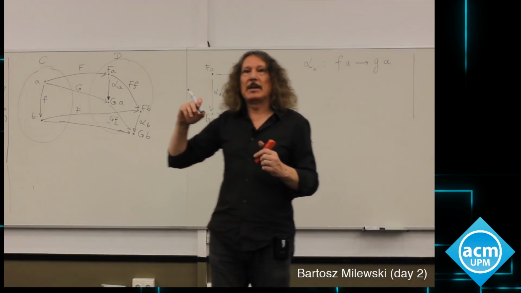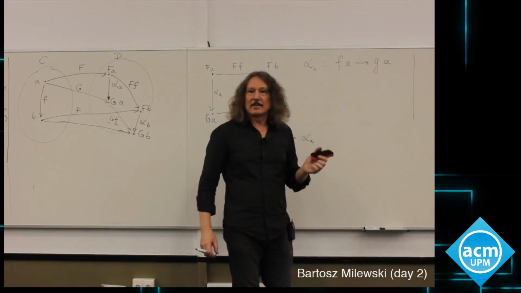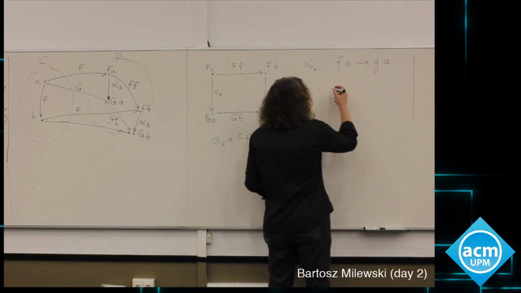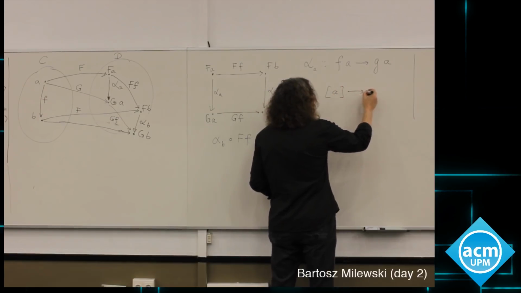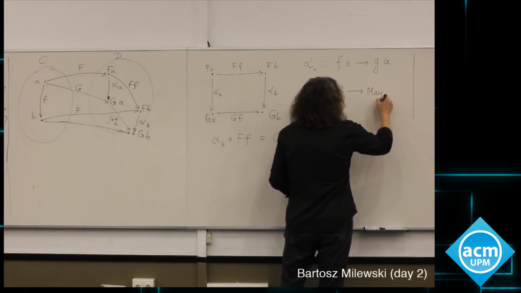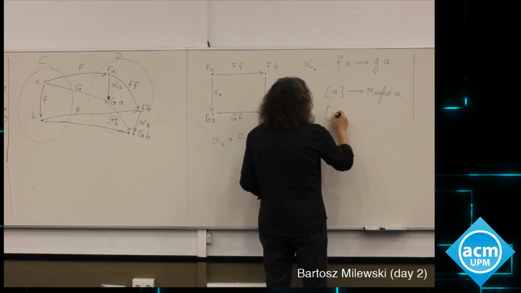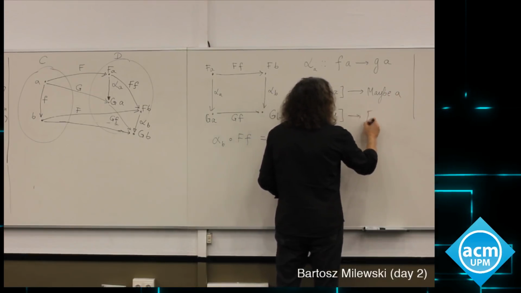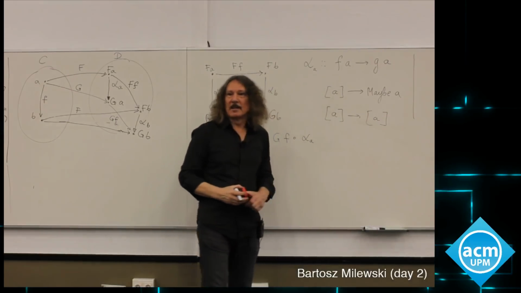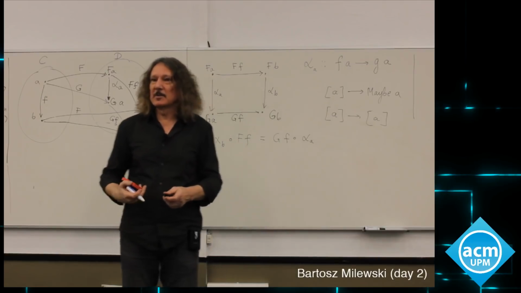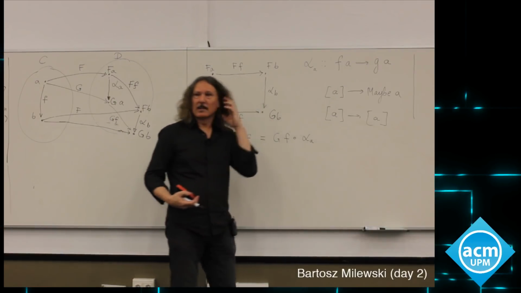So you can pick, for instance, as the first functor, a list functor. So you can have a natural transformation from a list of a's to, let's say, maybe a. Or you could have a natural transformation from a list of a to a list of a, and so on. I didn't give you many examples of functors, so I cannot really write a lot.